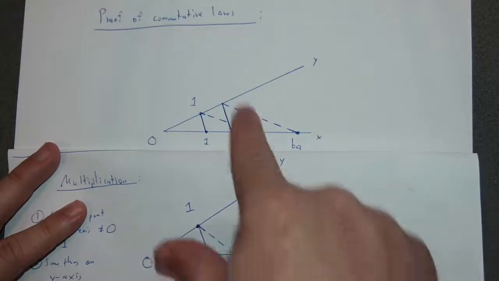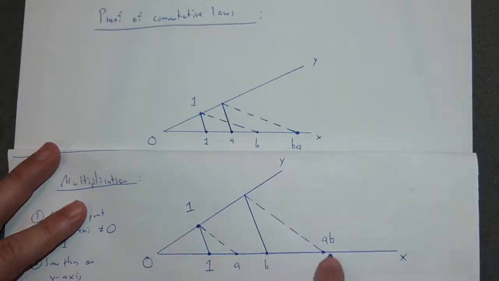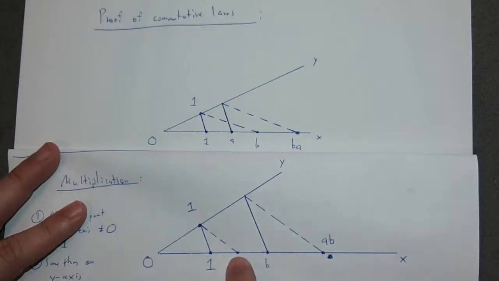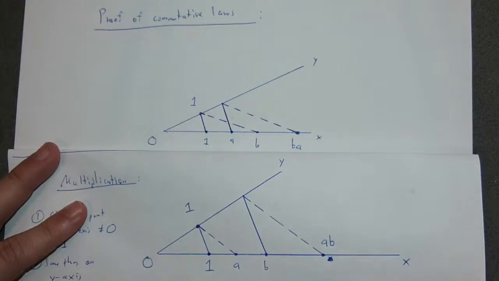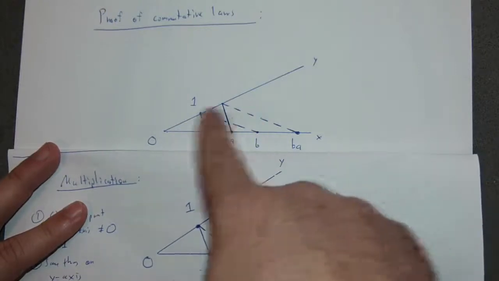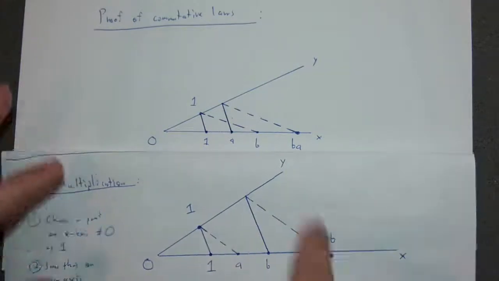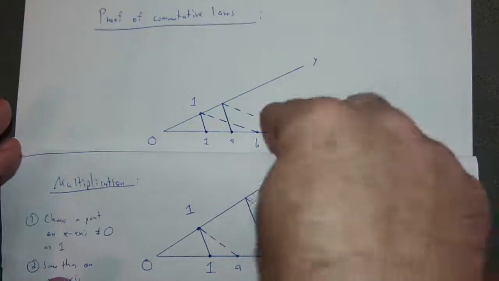And then I need to do the same construction I did for A times B here that involved dashed lines from A to 1, and then from whatever this new point of intersection is to our point A times B. So I want to try to copy this construction onto this diagram.